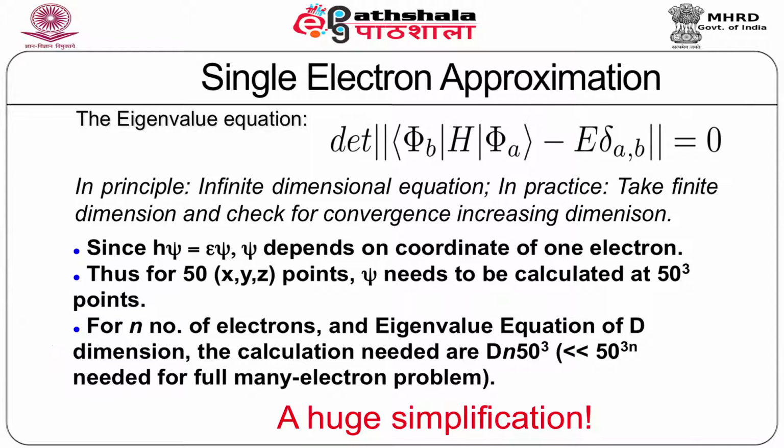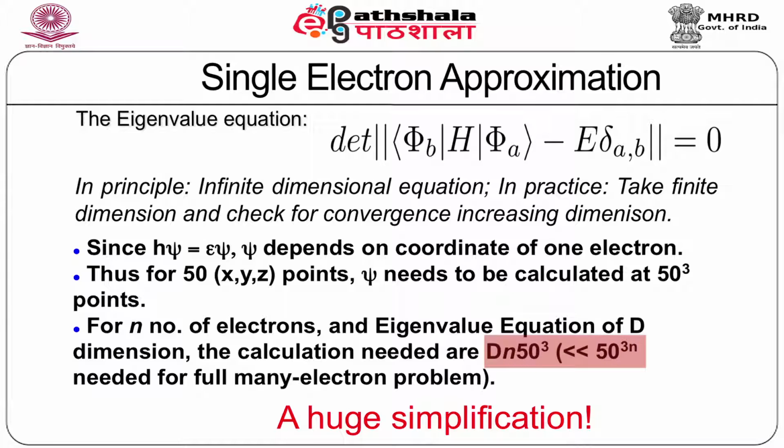For n number of electrons and an eigenvalue equation of dimension given by capital D, the calculations needed are thus capital D times n times 50 to the power 3. This is a huge simplification compared to what we discussed previously, 50 to the power 3n calculations needed for the full many-electron problem.